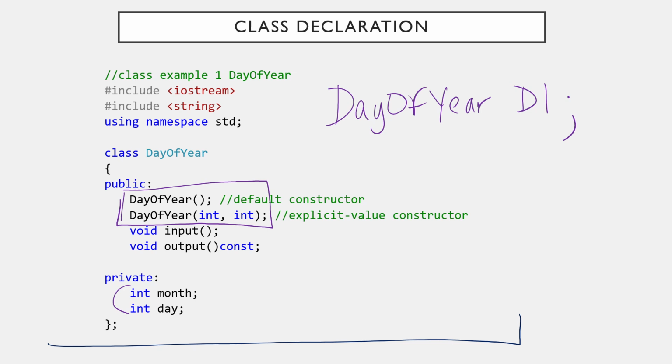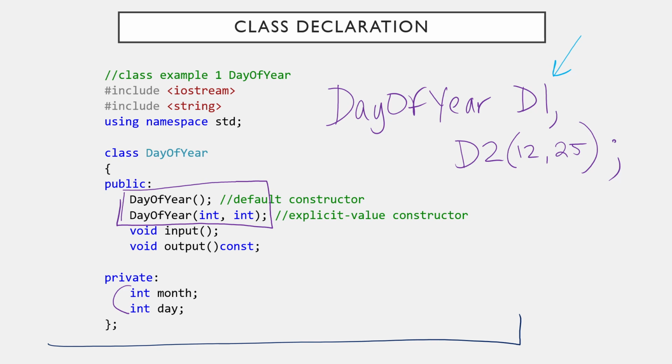so that you can actually define the date. So you could have day of year D1, which would call the default constructor, and then you could have D2 and pass it 12, 25. This one, D1, would call the default constructor, and it would be set to whatever default day.